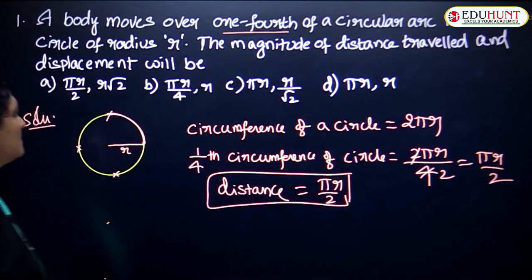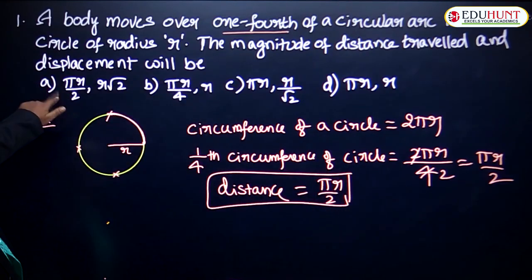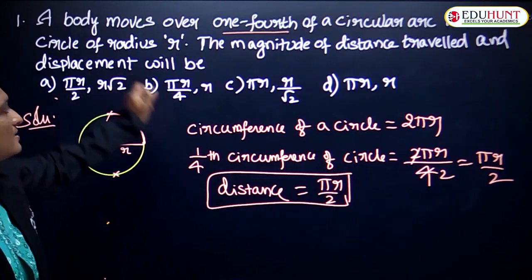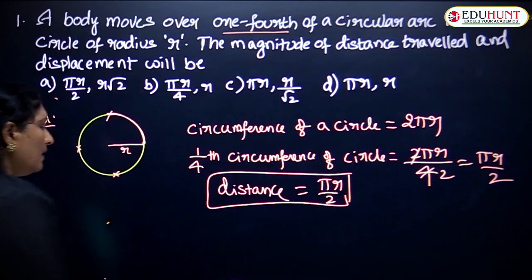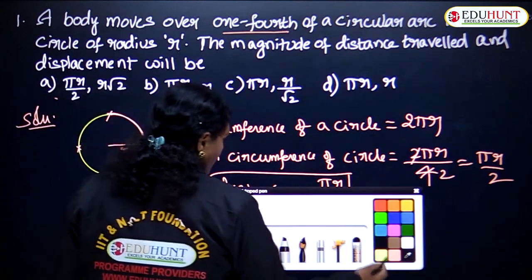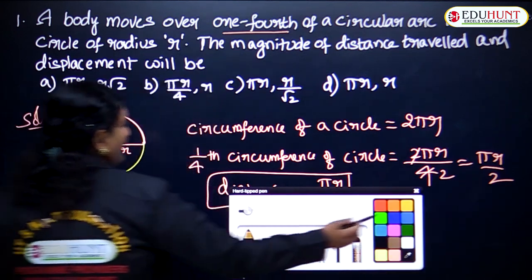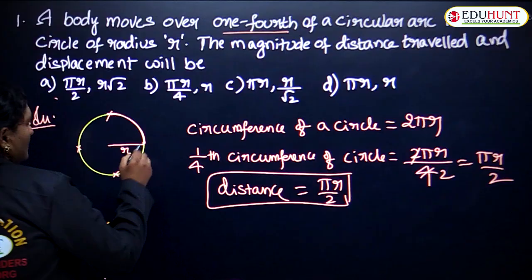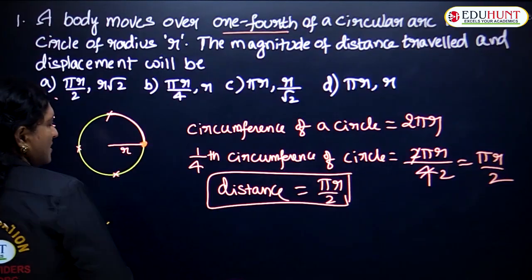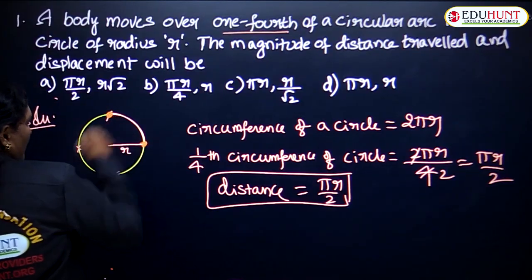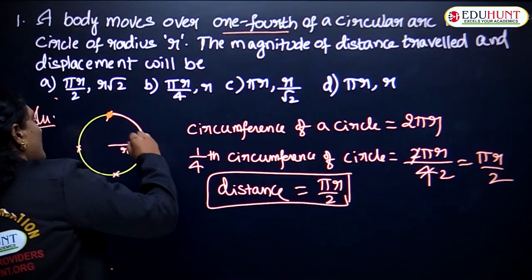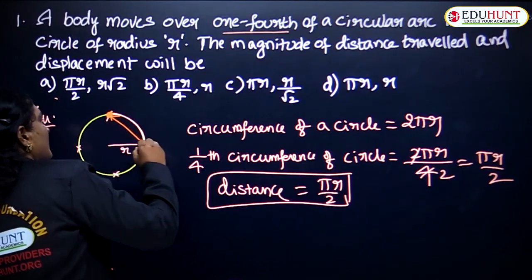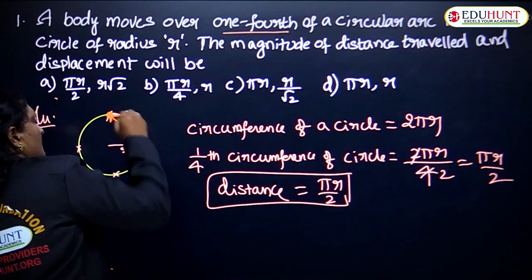I hope you understood, children. So pi r by 2, you have this first option. You are also asked to find out the displacement covered by the body. In order to find the displacement, this was your initial position and this would be your final position. The line joining the initial position to the final position is defined as your displacement.